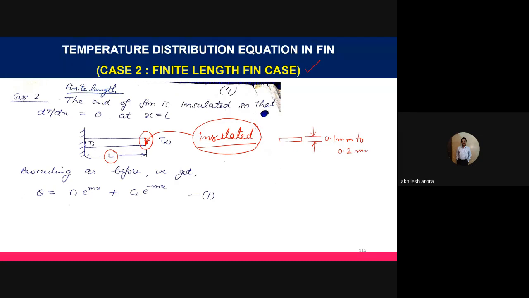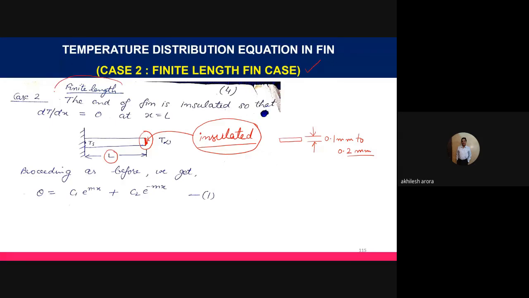So you can see it is even 10% of 1 mm or 20% of 1 mm. So it's very thin. That is the reason that we can take this type of assumption, that the heat loss from the side is very less actually, and that is why we are considering it to be insulated.